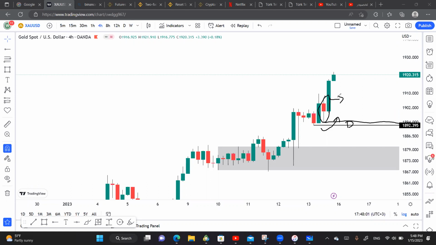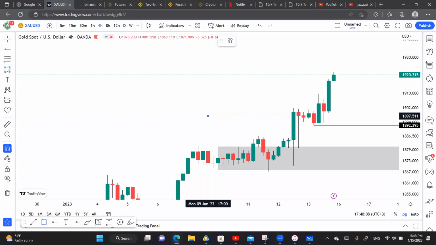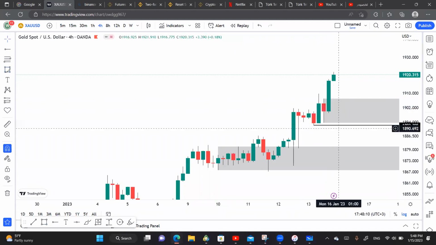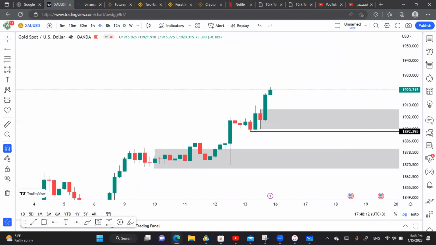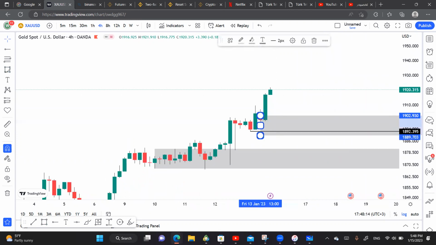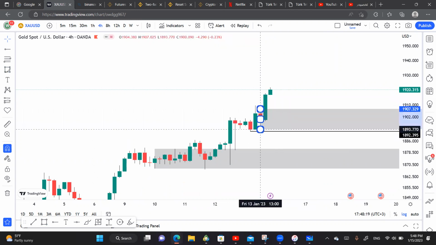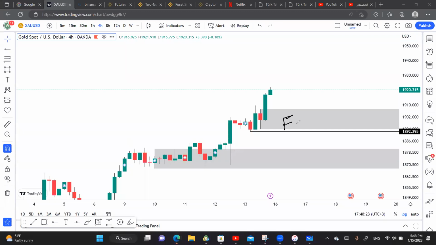So you can expect price to come back to this area. This is a demand. This is a fresh demand. Oops, sorry. This is a fresh demand zone.